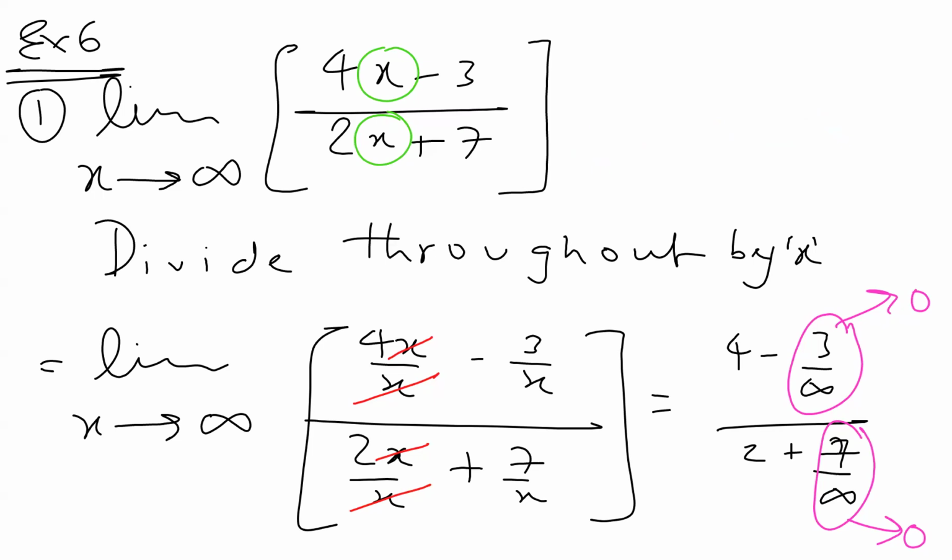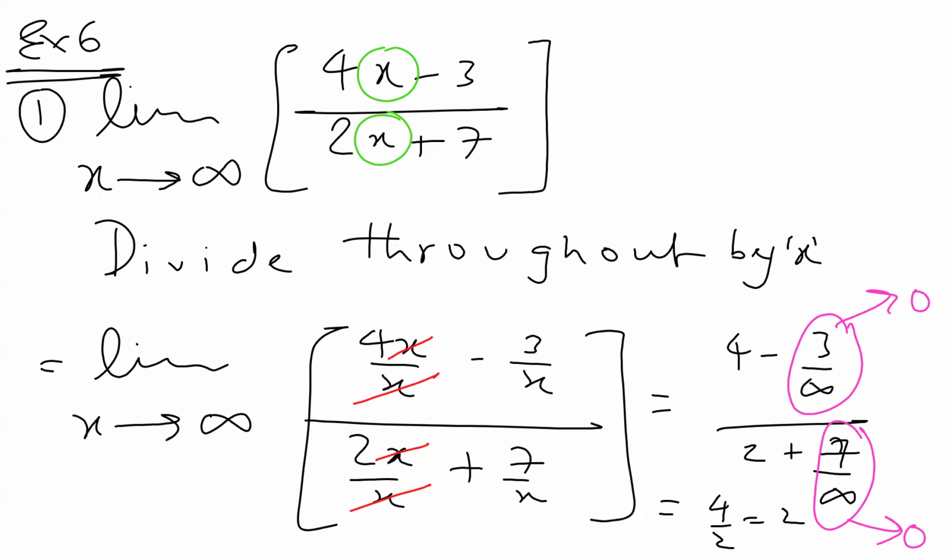Guys, you are still confused? No, sir, I got it. Thank you. So 4 minus 0, 4 upon 2 plus 0. So that is 4 upon 2. The answer is 2. Guys, any issues in this? No, sir.